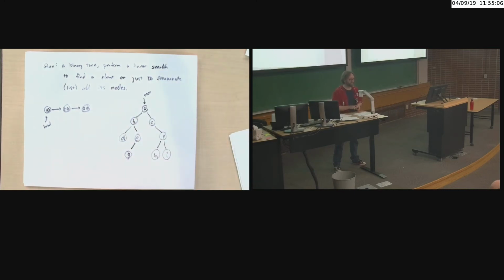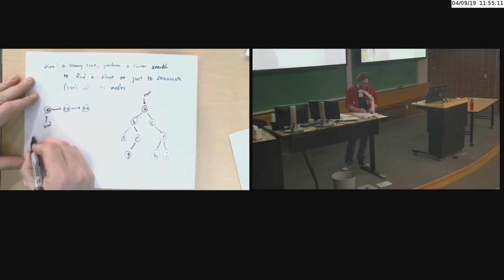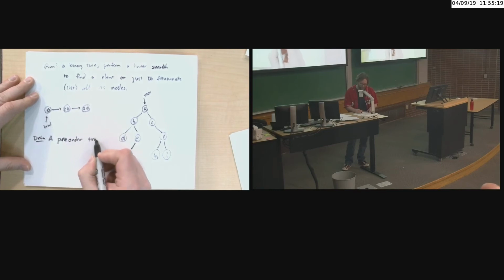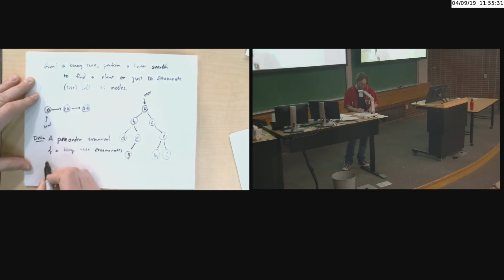So what we just put together is called a preorder traversal. Definition: a preorder traversal of a binary tree enumerates nodes in a root, left, right order, and I will use the R word here, recursively.